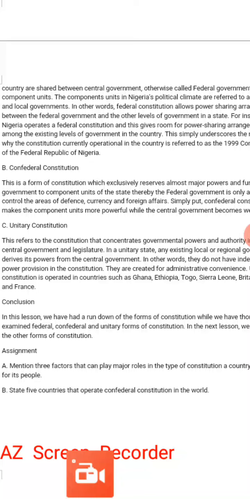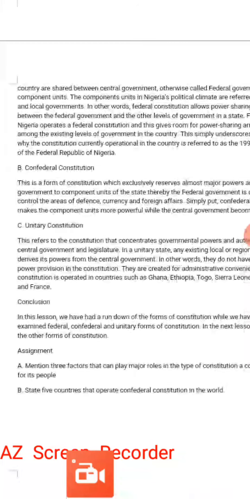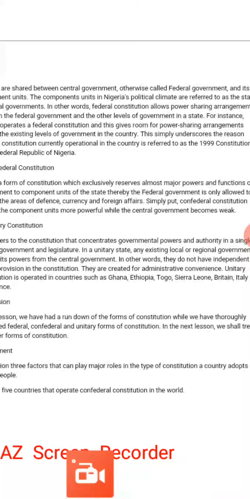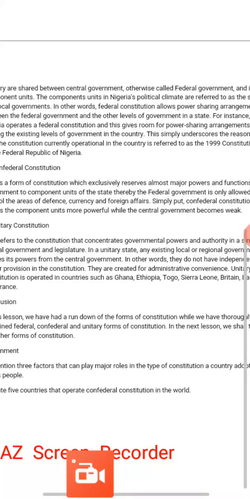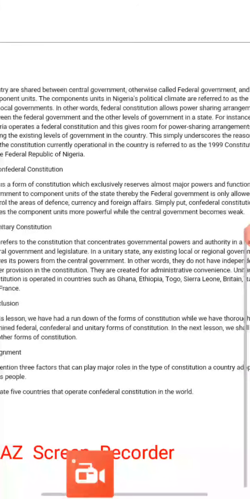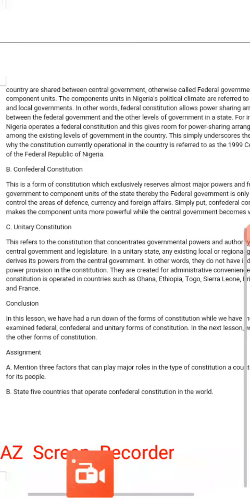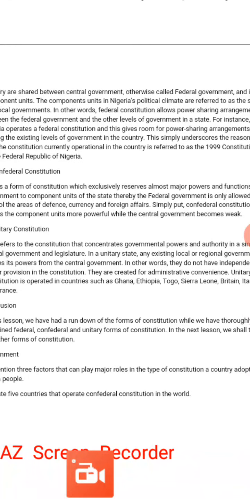So, in a unitary state, any existing local or regional government derives its powers from the central government. In other words, they do not have independent power. The component units do not have power provision in the Constitution.